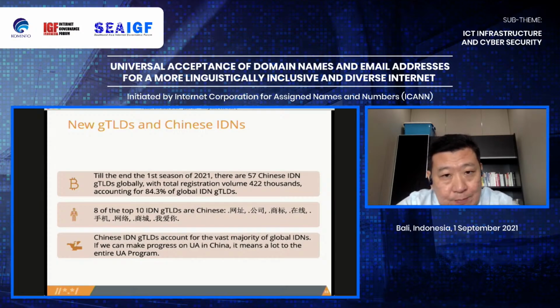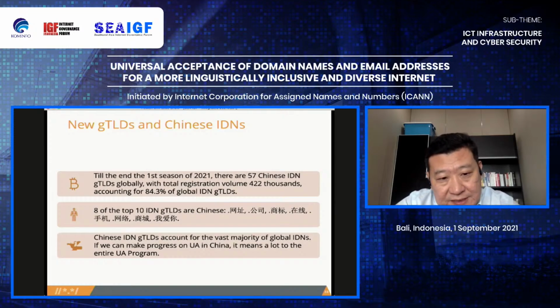Plus that, the .cn and the Zhongguo Chinese IDN also have 1.7 million registrations. So altogether in China, there are around 2 million Chinese IDN domain names registered.